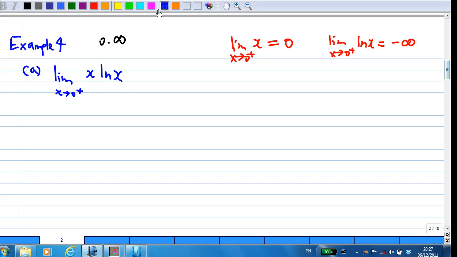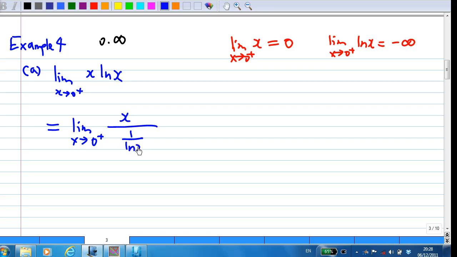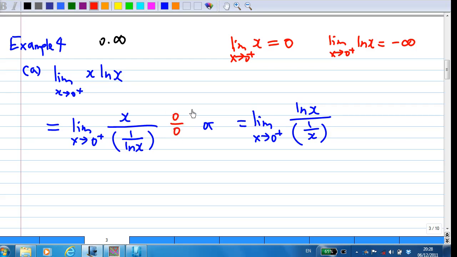Now we can either convert this to 0 over 0 form or infinity over infinity form. If you convert this into 0 over 0 form, it will look like x over 1 over ln x, or as x goes to 0 plus, the infinity over infinity form, which means ln x over 1 over x. So the first one is a 0 over 0 form and the second one is an infinity over infinity form, so that you can apply L'Hopital's rule.